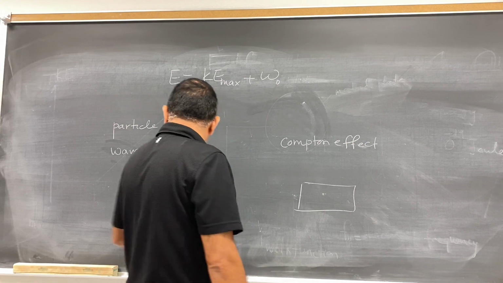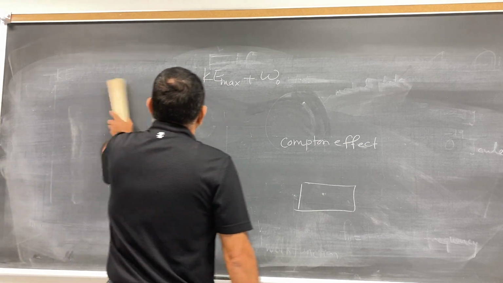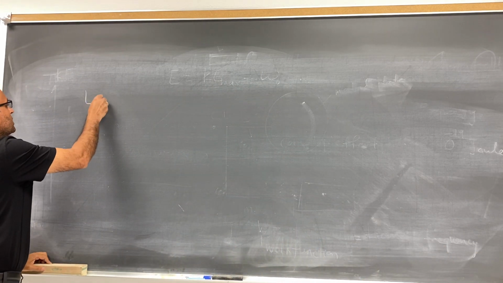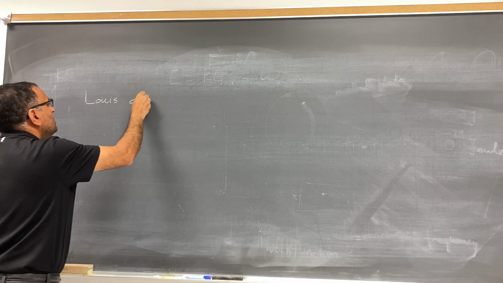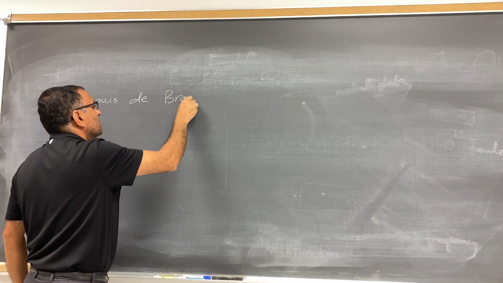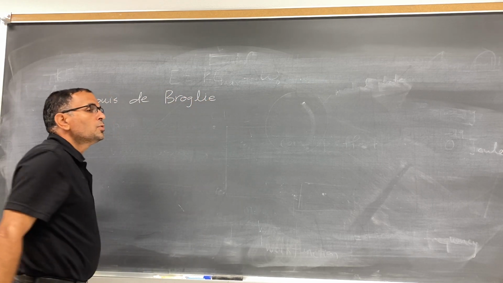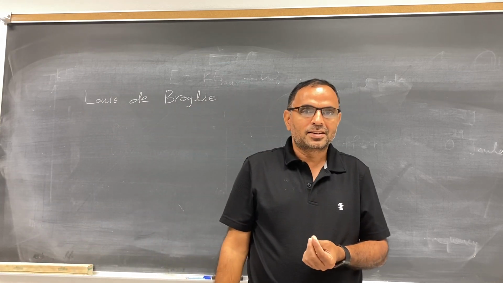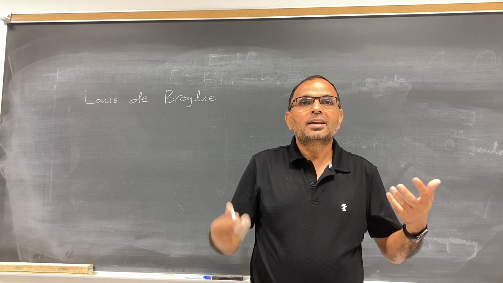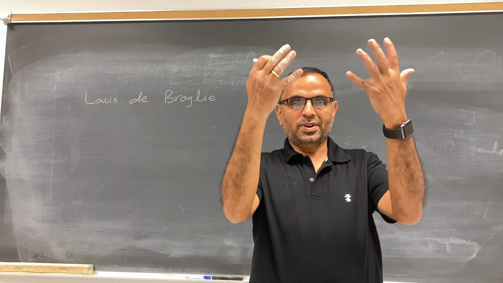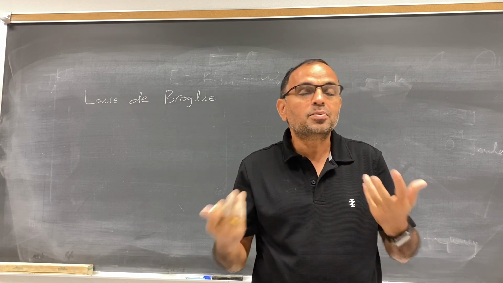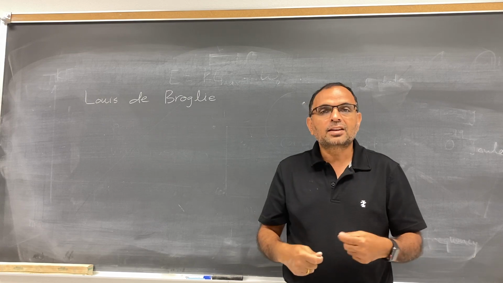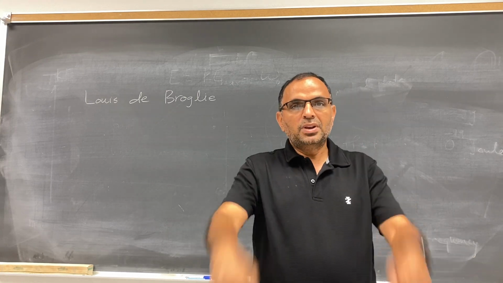Now, a scientist, Louis de Broglie, proposed that if light is particles and if light is a wave, then like if your car is moving, an object, a particle, then the moving object also behaves like a wave.